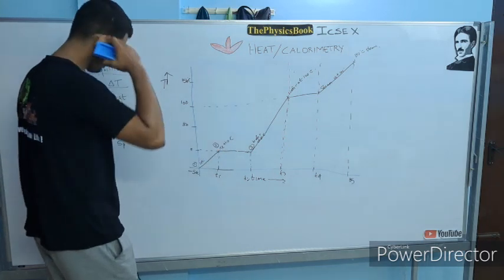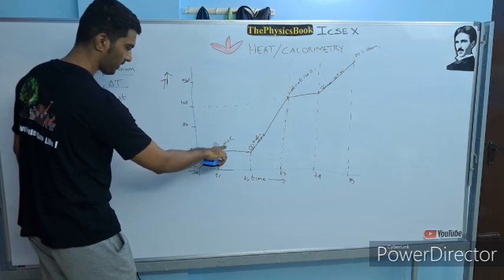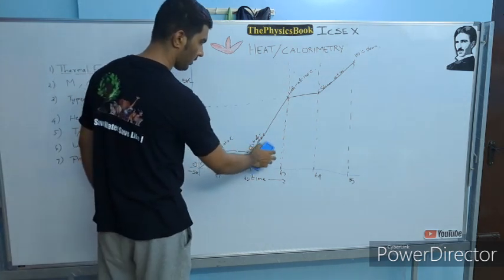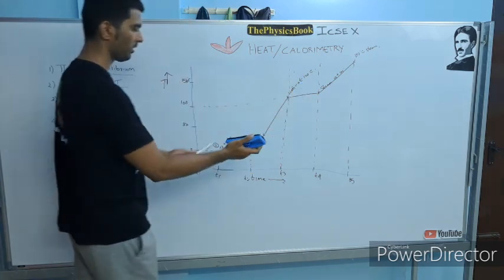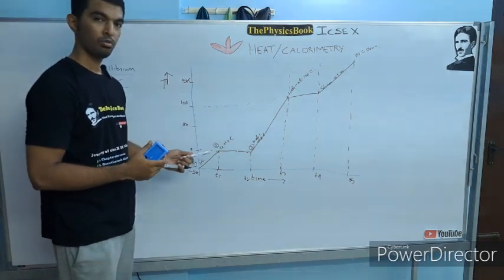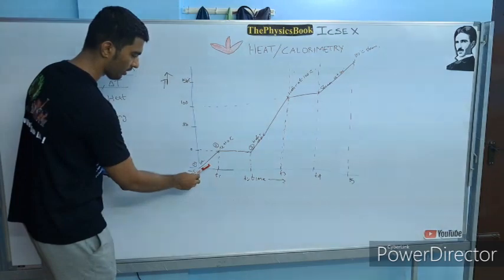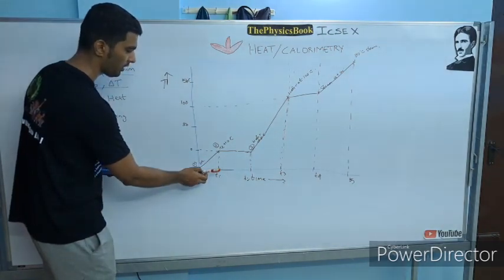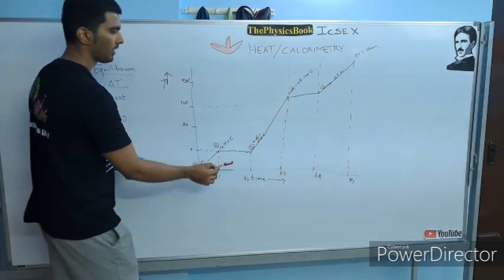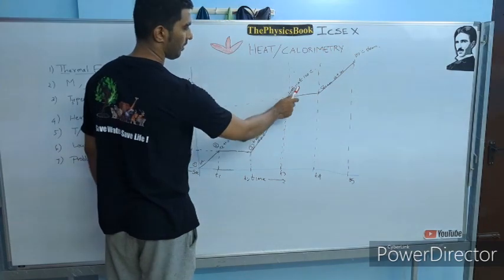You can see the inclination of this ice at minus 50 degrees Celsius to 0 degrees Celsius compared to water at 0 degrees Celsius to become water at 100 degrees Celsius. What can you infer? This is an important ICSE question that was asked in 2018. So the inclination of the ice changing from minus 50 degrees Celsius to ice at 0 degrees Celsius will be more compared to the inclination of water at 0 degrees Celsius to become water at 100 degrees Celsius.